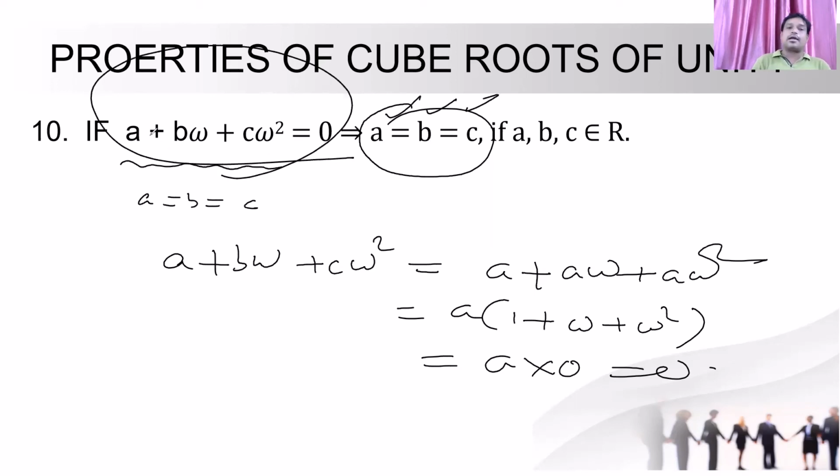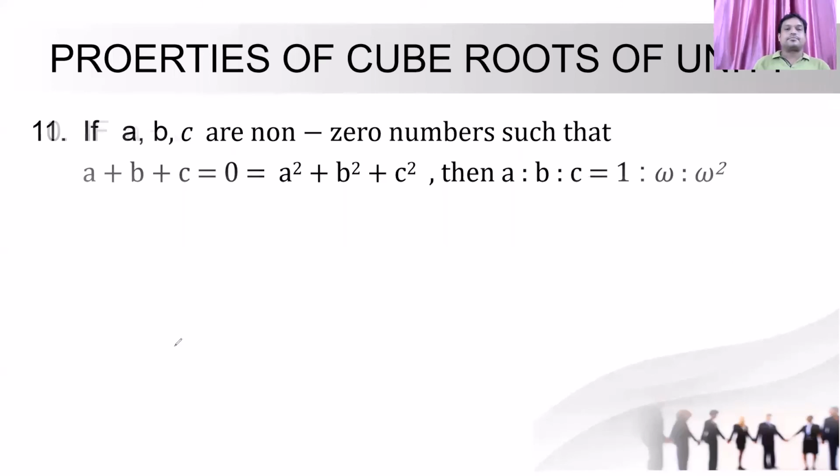If a plus b omega plus c omega square is 0, that means a, b, c must contain the same values. So this property is also completed. Now come to the next property. If a, b, c are non-zero numbers, real numbers or complex numbers, such that a plus b plus c is 0 and a square plus b square plus c square is 0, then a is to b is to c is 1 is to omega is to omega square.